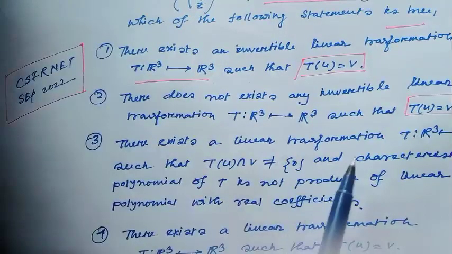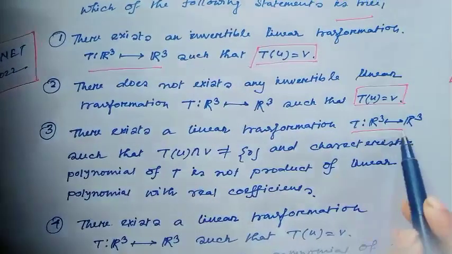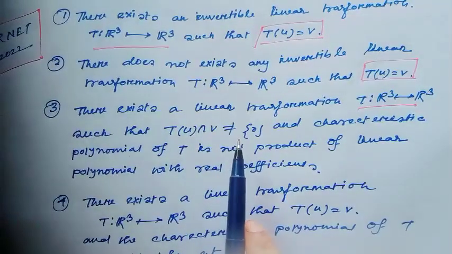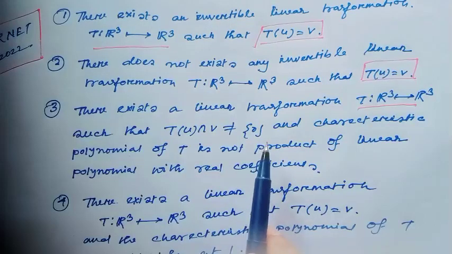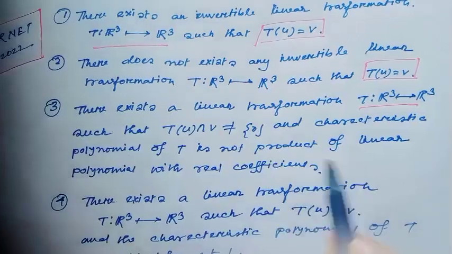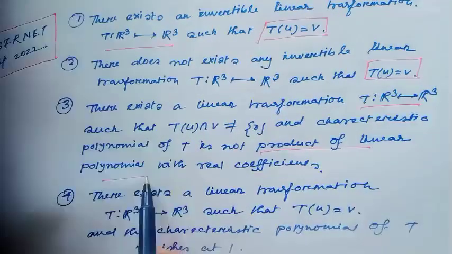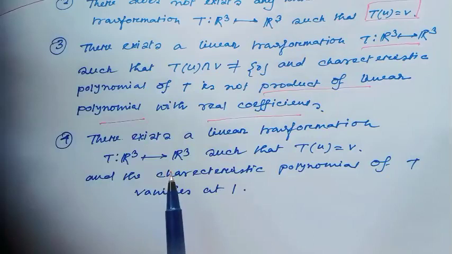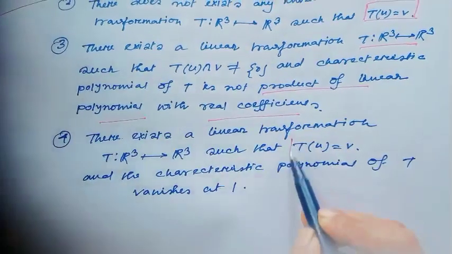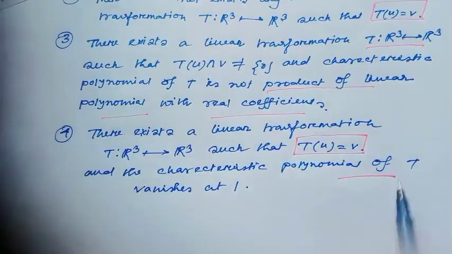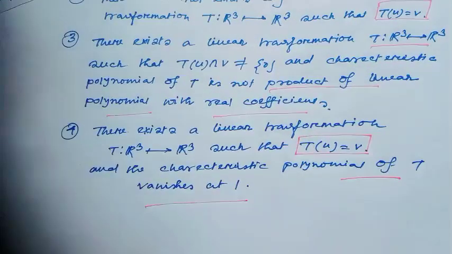There exists a linear transformation T from R cube to R cube such that T(U) intersection V is not equal to the singleton set 0, and the characteristic polynomial of T is not a product of linear polynomials with real coefficients. Option 4. There exists a linear transformation T from R cube to R cube such that T(U) equal to V and the characteristic polynomial of T vanishes at the point 1.